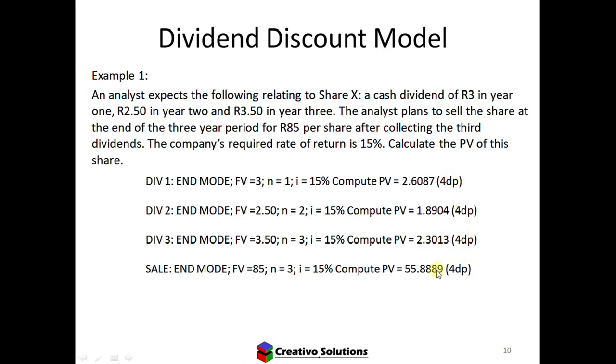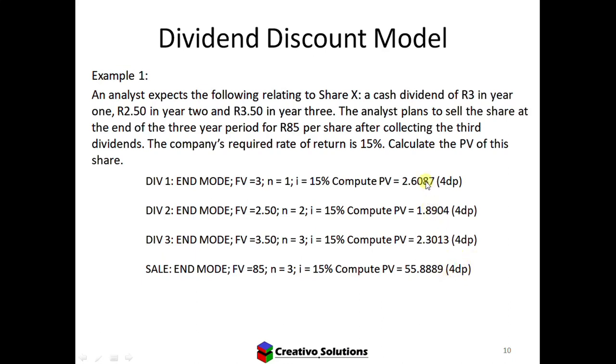I'm using 4 decimal places here just so that the final answer will be accurate to 2 decimal places. And then obviously at some point I'm going to sell those shares that I've bought, and if I sell one share at 85 Rand, I'm going to have to discount that back in time to get the current present value, which works out to 55.8889 at 4 decimal places.